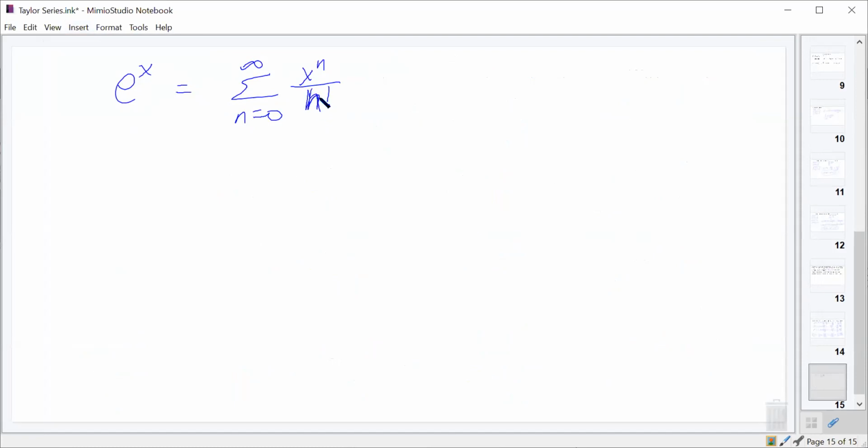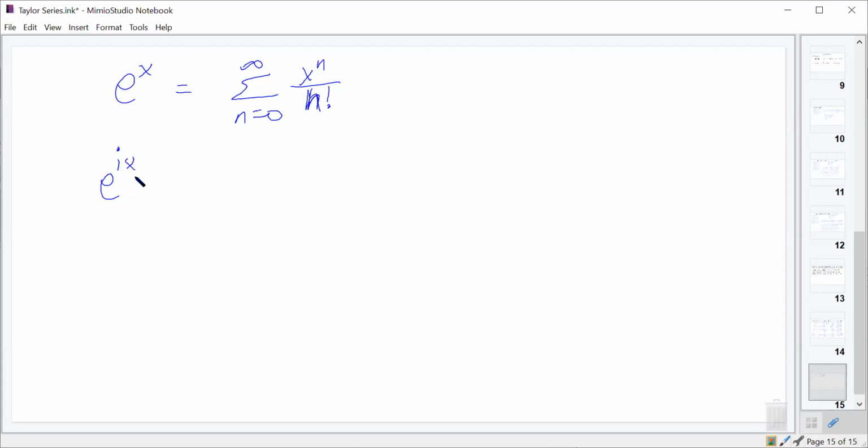Everybody good there? Now, I think I said before that this converges for all real numbers, and I might have added, it also converges for all complex numbers. Remember when I said that? Everybody at home remember? Yes. Wonderful.